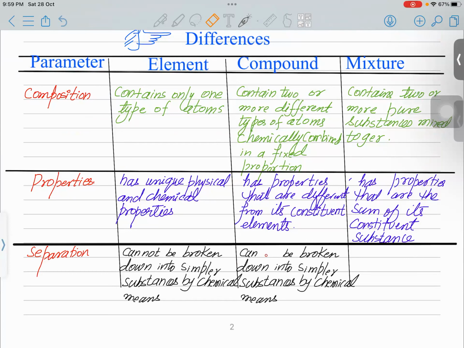So it can be broken down into its constituent elements by chemical means. Compound can be broken down into its constituent elements by chemical means.